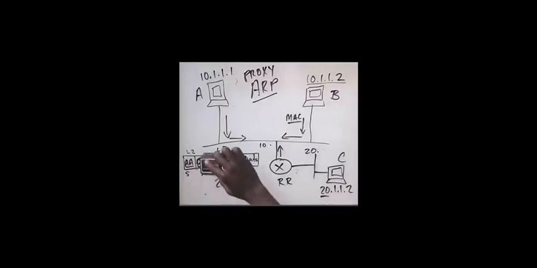The router strips off this portion right here and then rebuilds the layer 2 information by putting his own MAC address in the source field and putting the MAC address of the receiving device, the layer 2 MAC address of device C over here, in the destination field, and the router then routes and forwards that packet onto device C.